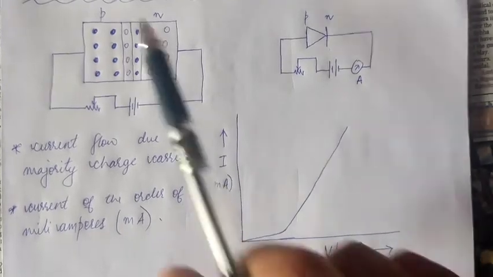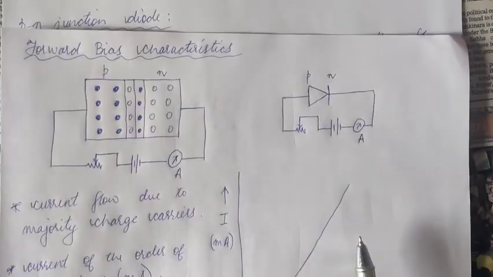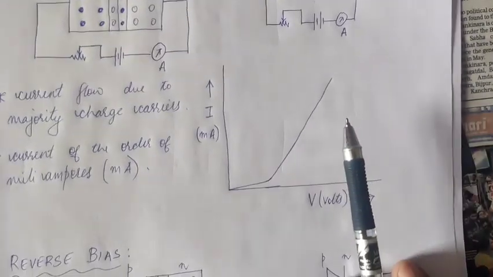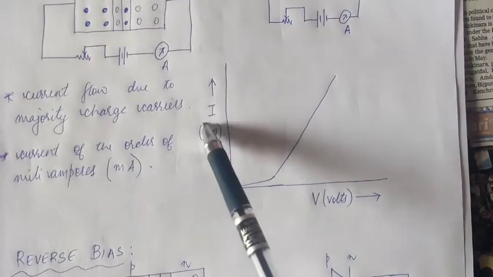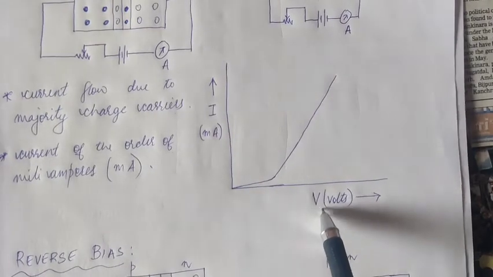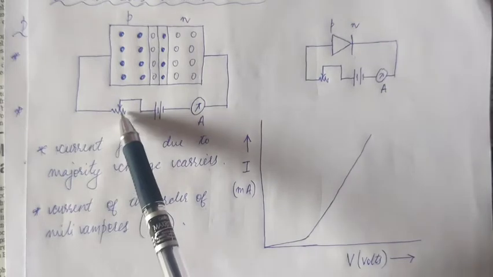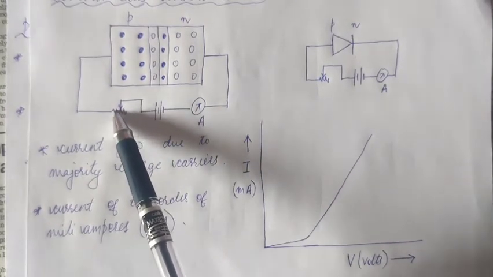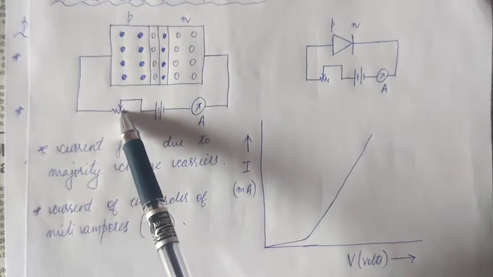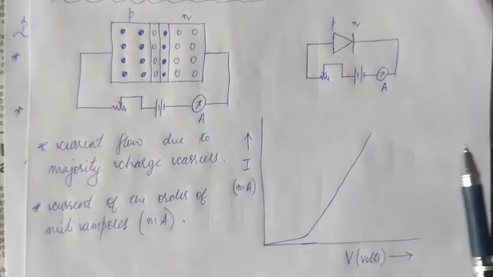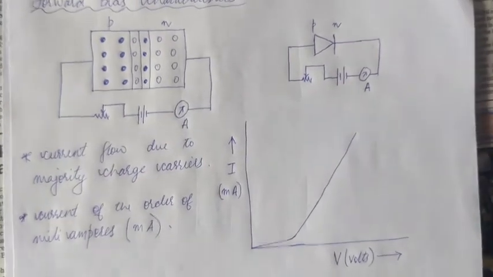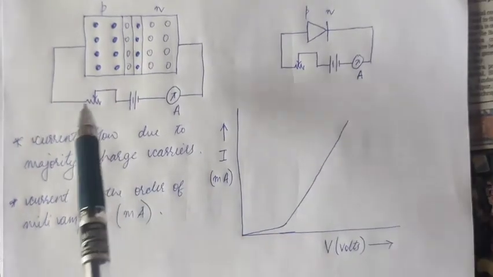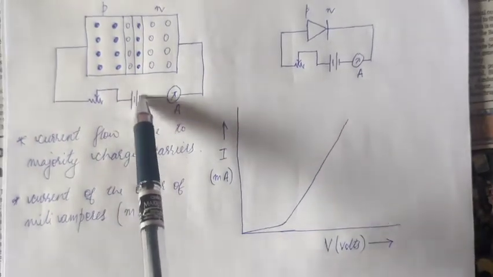So what are forward bias characteristics? Forward bias characteristics is a graph. It is the plot of current versus voltage. This is a variable resistor. When we go on changing the value of the resistance, the potential difference changes.